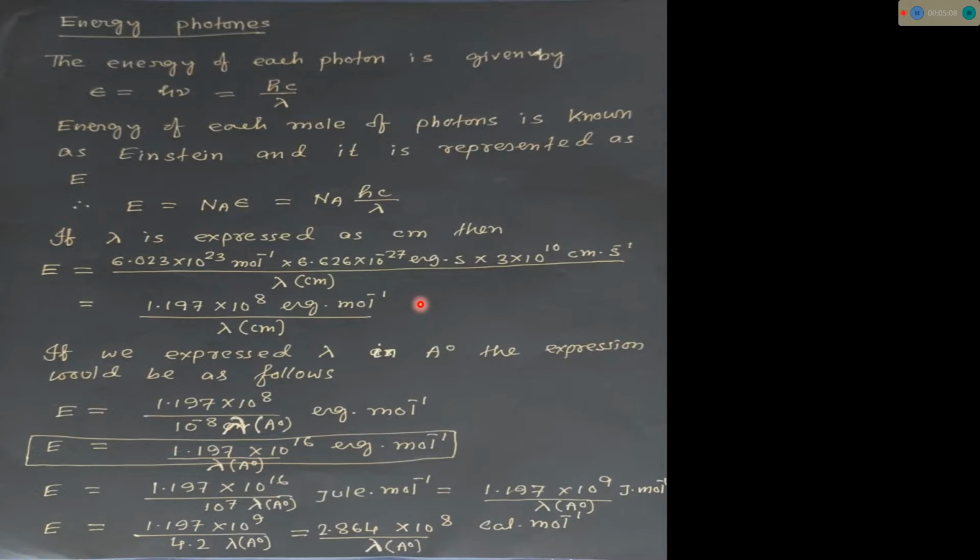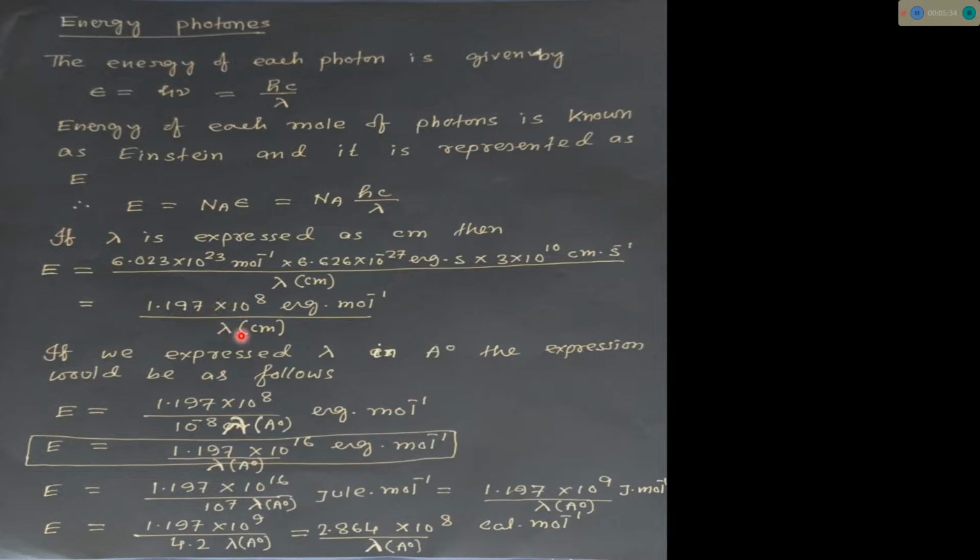If in a question lambda is expressed in angstrom, like 200 angstrom or 2000 angstrom, then first we have to transform the angstrom unit into centimeter, and then put that lambda value in centimeter into this expression to get the energy.